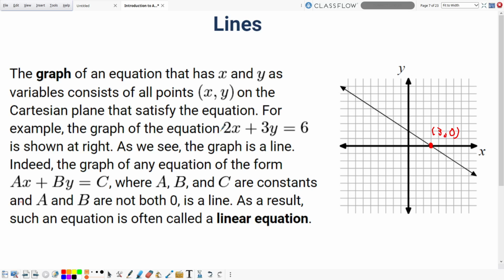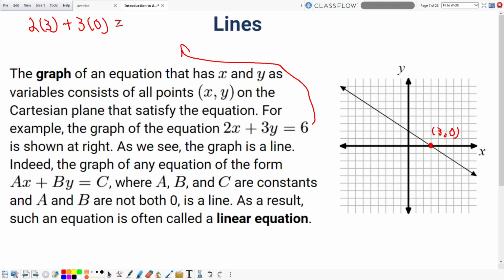Well, my x coordinate is a 3. So if I take this equation and substitute a 3 where my x value is, and then I also notice my y value is 0 on that red point, so where I have a y in that equation, I can substitute a 0 in.